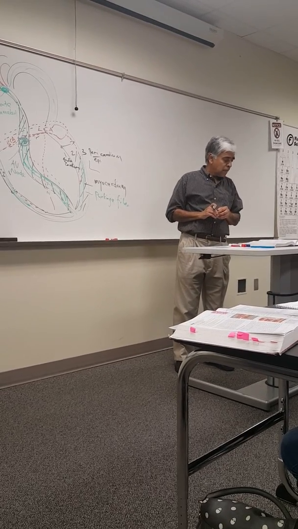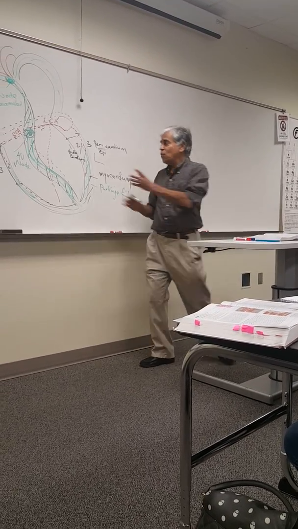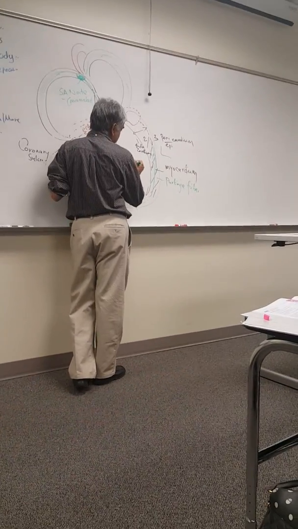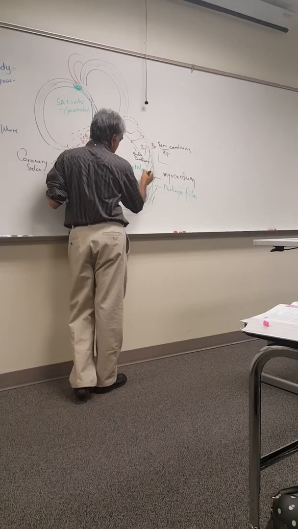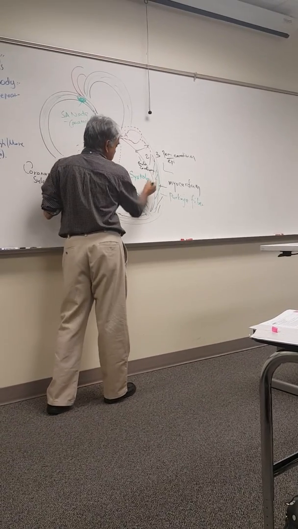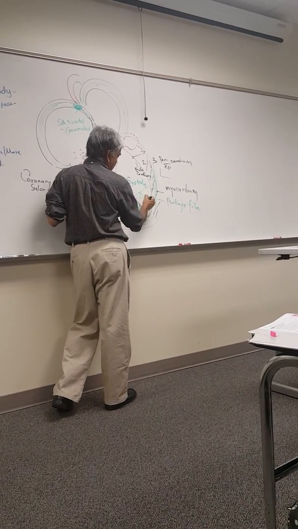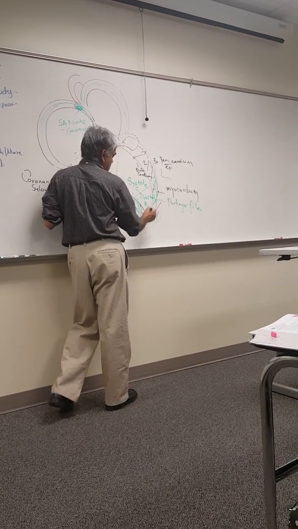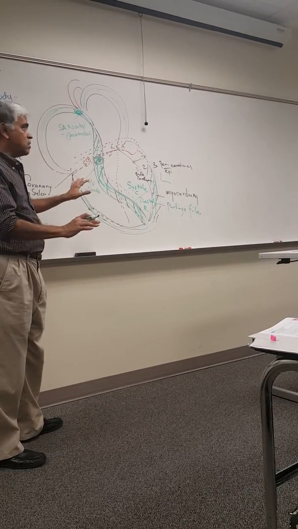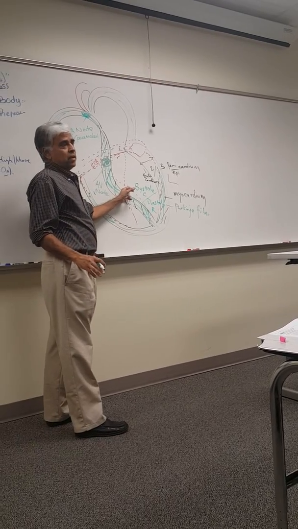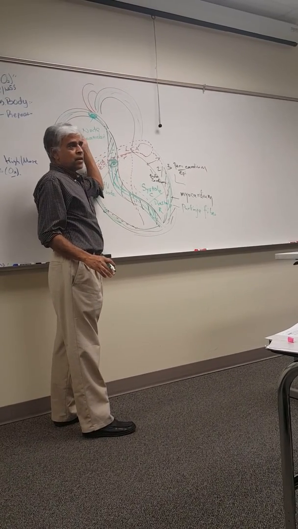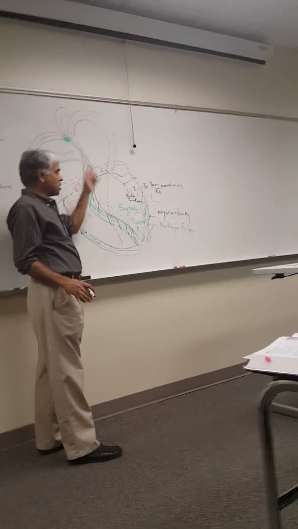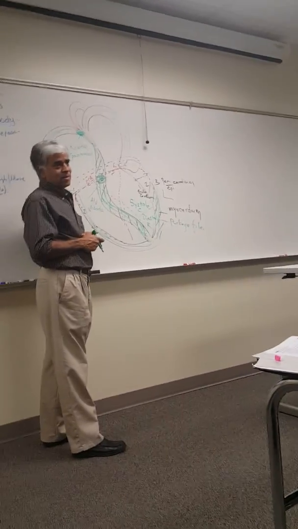Electrical and contractile activity of the heart. So when the ventricles contract, that's when we call it systole. When the ventricles relax, what do we call that? Diastole. So contraction, relaxation. Ventricles. So during systole, what happens to the atria? During systole, what is systole?